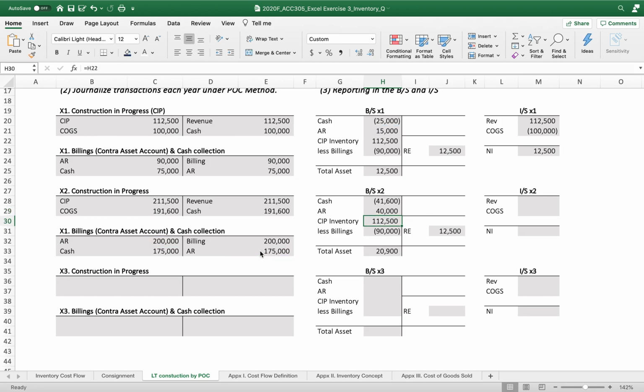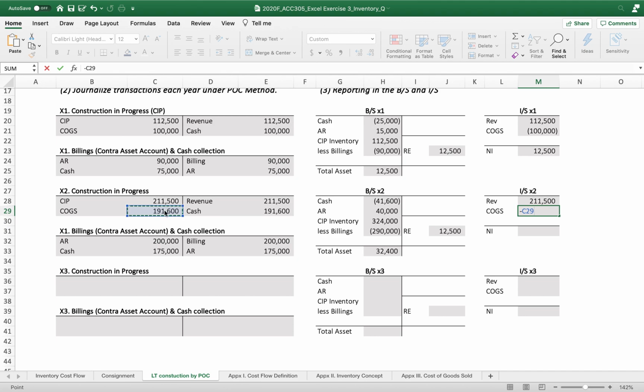So the AR now is $40,000 on the balance sheet. And then CIP inventory we recognize here. That's correct, this amount. And less billing we billed, right, 200,000. So total is 32,400.